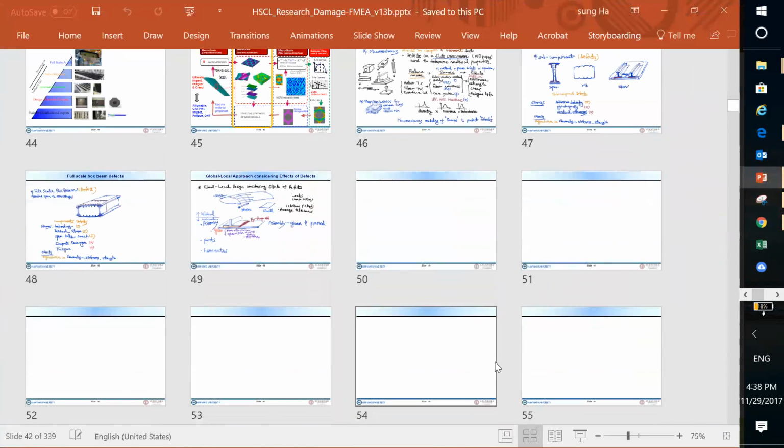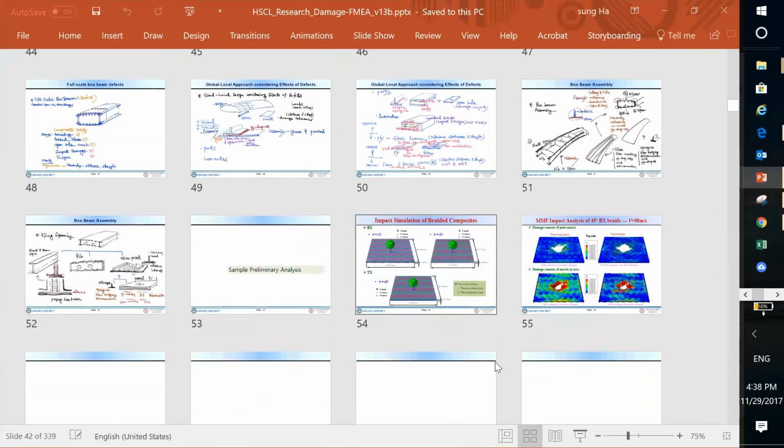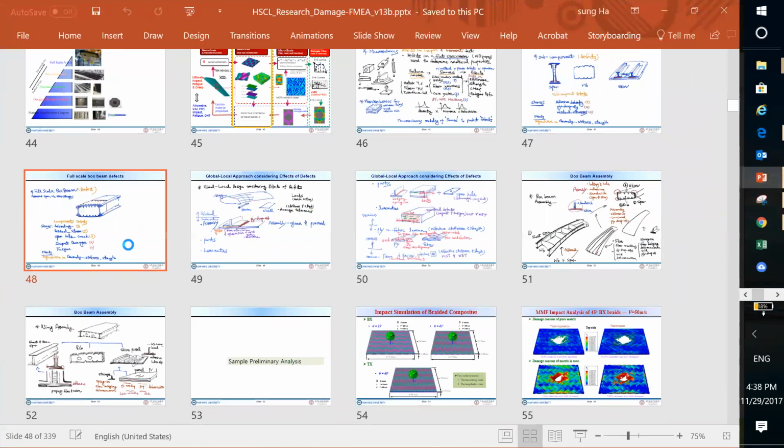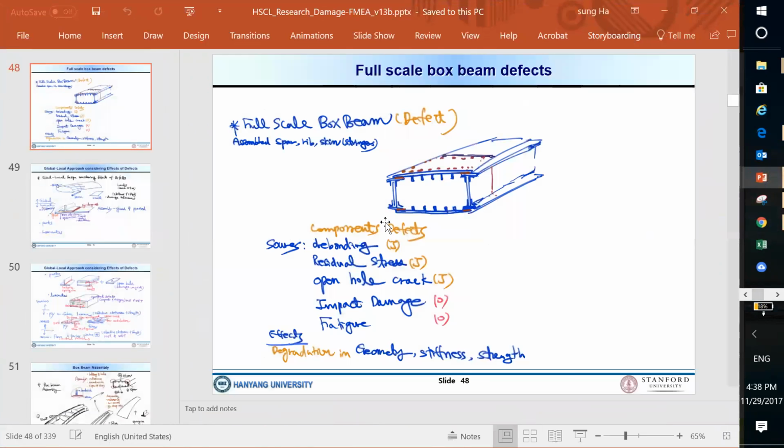But in real situations, as I mentioned, using these real flow charts, see what I did. I drew all by handwriting and considered all real situations. This is a box beam. You can have a front and here, okay.